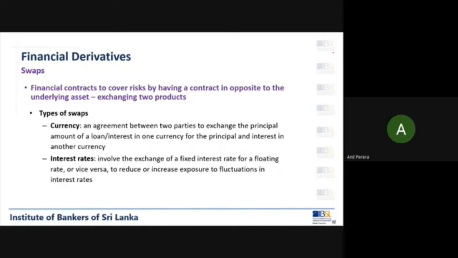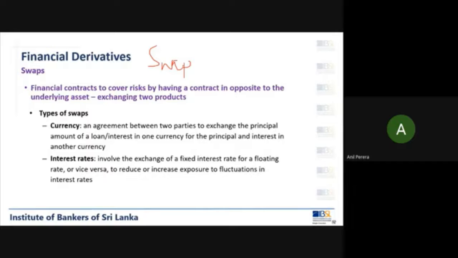The term swap indicates, when you are saying swapping, you are exchanging. You are giving something and you are getting something. Swapping. And there are different types of swaps in the market: currency swaps, interest rate swaps, credit default swaps.